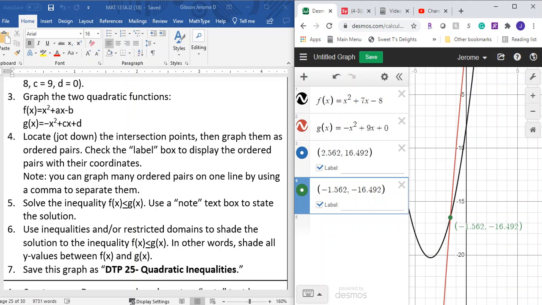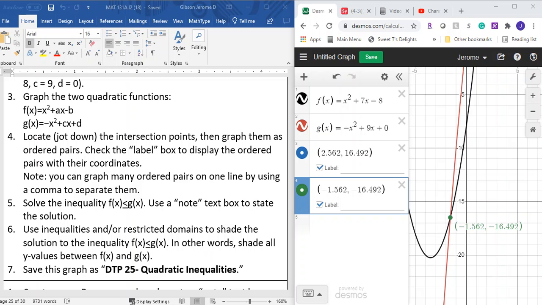Now it says number 5, solve the inequality f of x is less than or equal to g of x. Use a note text box to state this solution. All right. So we want to go f of x. All right. For this problem here.